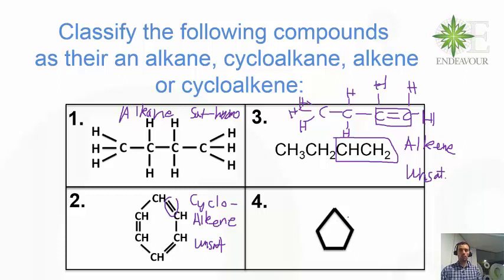And number 4 here we have a line bonding formula. So it's in a pentagon shape. What this actually represents is 5 carbons connected in a ring structure like this. There would be associated hydrogens as well. But because there's no double line, that tells us that it's going to be a saturated structure rather than unsaturated. So what we actually have here is a cycloalkane.